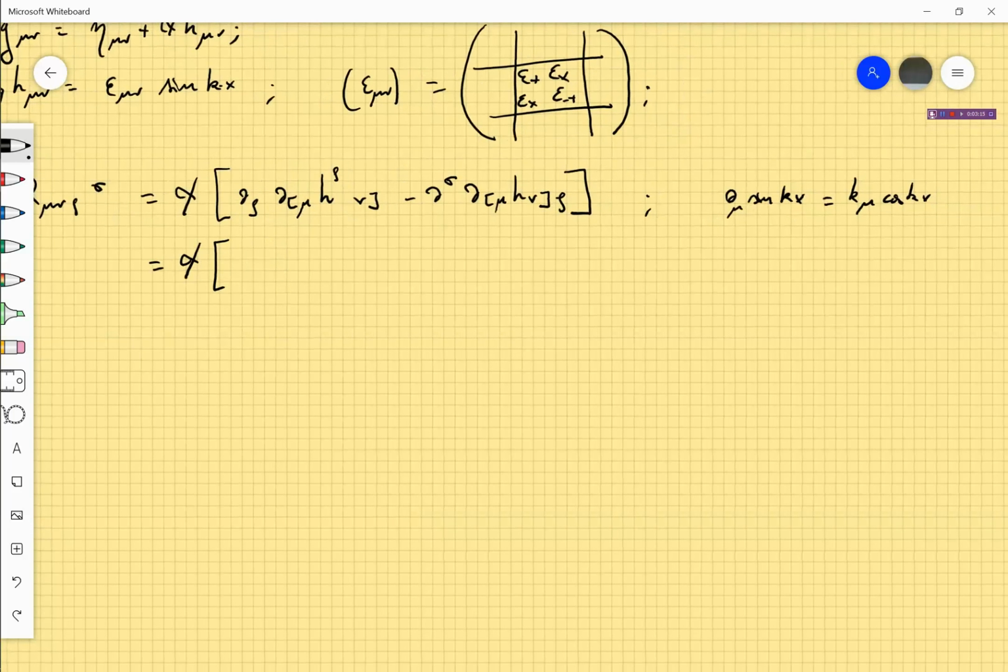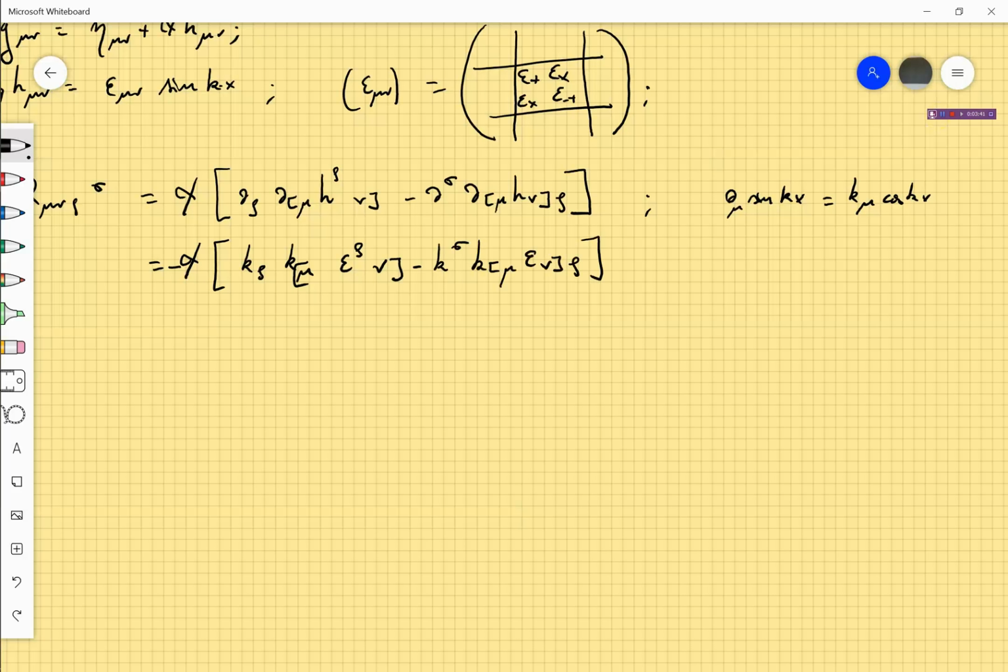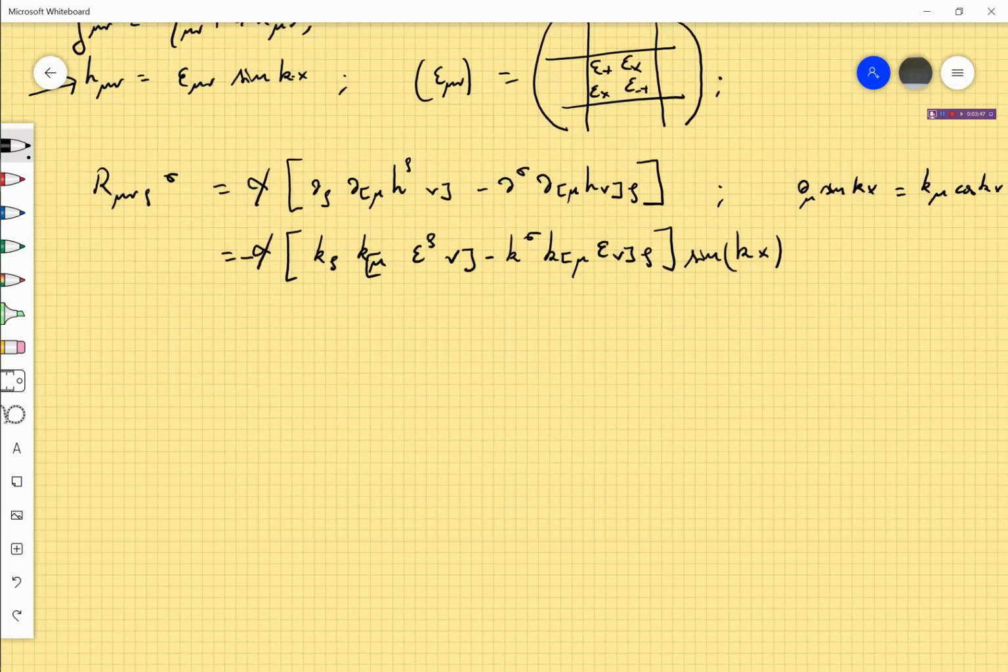Well, you take 2 derivatives each time, so it will be minus sine, then there is k rho, k mu, epsilon rho nu, minus k sigma, k mu epsilon nu rho, and everything multiplied by sine kx. Okay, so this we have.